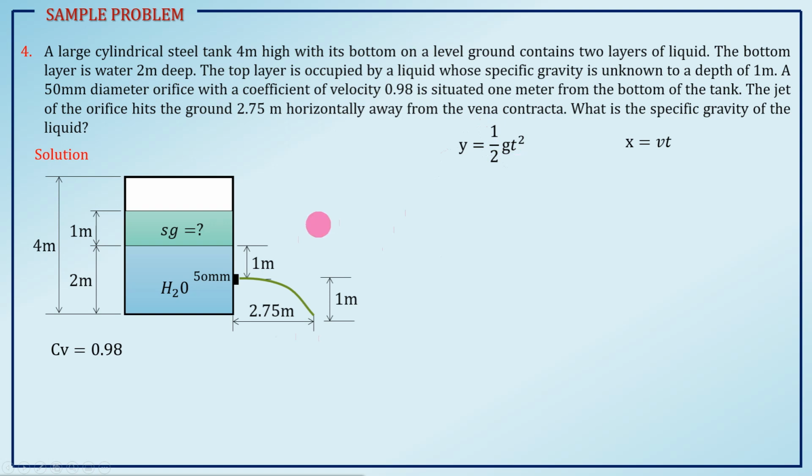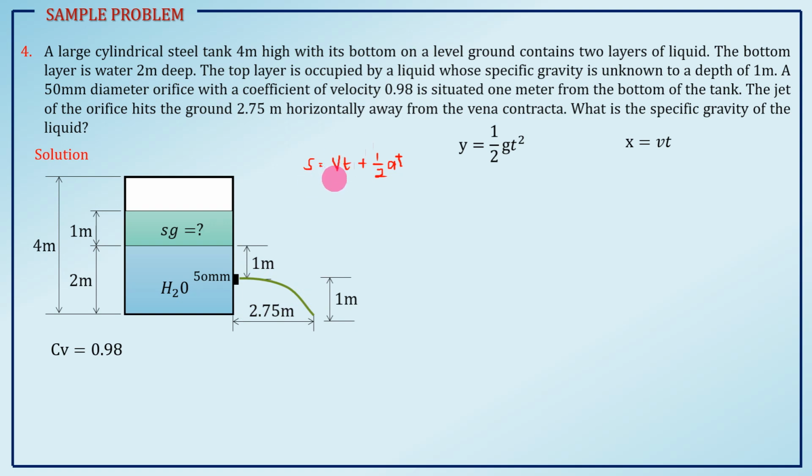This comes from our equation for rectilinear translation, S is equal to VT plus 1/2 AT squared. But for this equation, since it is curvilinear, we have velocity in X and Y. And since this is the highest point, we don't have vertical velocity, so that is equal to 0.